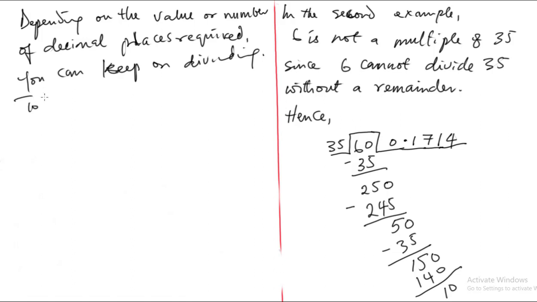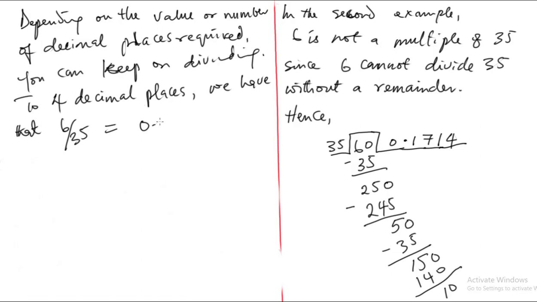So to 4 decimal places, 6 over 35 is equal to 0.1714.